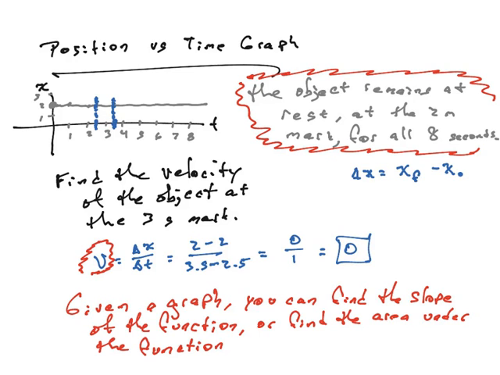So, if you're given a problem and you're asked to solve something about that problem, then you know, okay, either I'm going to look at the slope or I'm going to look at the area. So then, once you understand that, all you have to do is ask yourself, what would the slope give me? So let's look at the position versus time graph. Position versus time. So here's position, here's time.